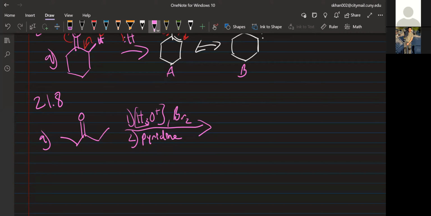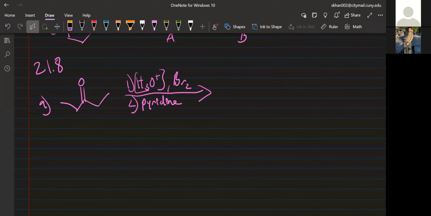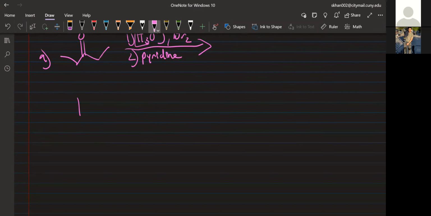When you introduce a ketone to aqueous or acidic conditions, what are you going to form? Enol or enolate? Under acid conditions, right? So remember, just to go over the two forms here, right?